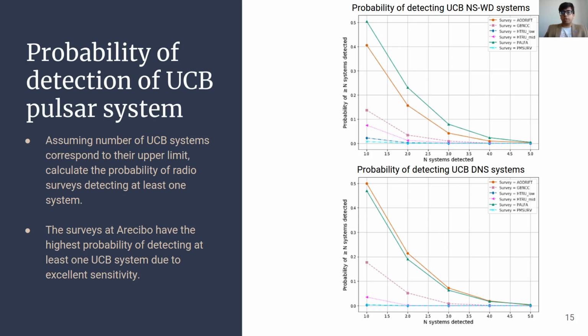And that's what's shown here on the right hand side, where the y-axis is the probability of detecting n systems, and the x-axis shows the n systems detected. And so as we can see, the pulsar surveys that are being done at the Arecibo radio telescope in Puerto Rico, shown here in the brown and green, are the ones which have the highest probability of detecting one of these ultra-compact binary neutron star systems, clocking in at approximately 50%.